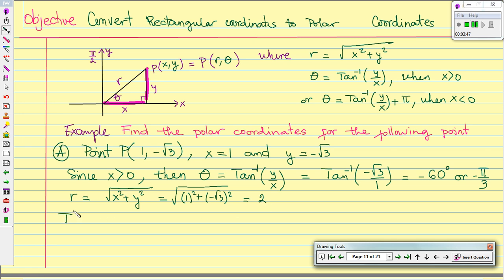So therefore, in conclusion, the polar coordinate for point P is (2, negative pi over 3). I'm going to go with radians.